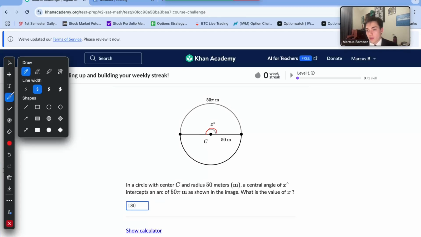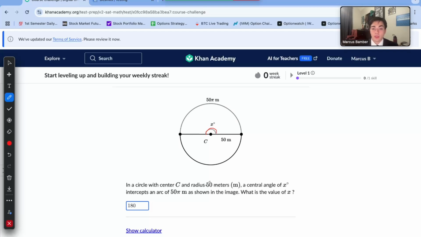We could verify this. I'll show it really quickly. Radius, and then we can see this represents half of the circumference. So all we have to do here is, okay, circumference formula for a circle is 2 pi r. If we're taking half of it, it's equal to pi r.